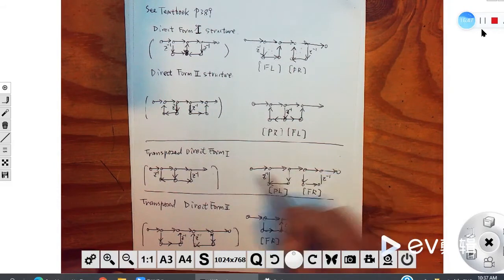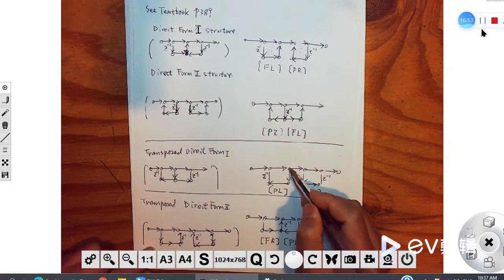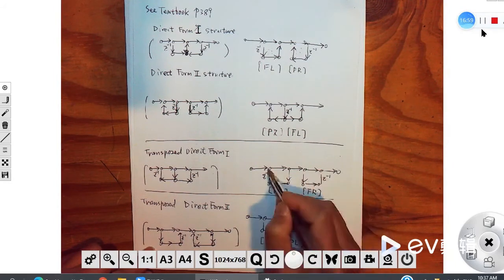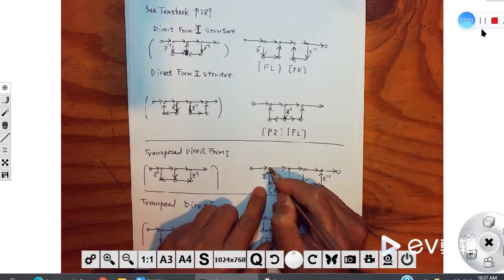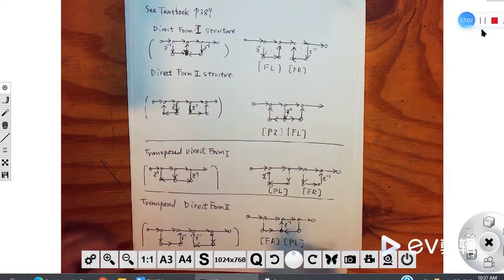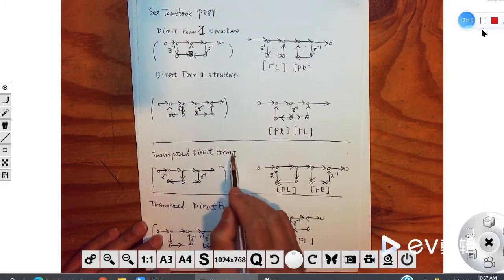Oh, this one might save something, right? Do you save something? No, nothing. This is no summation. This is just separate, right? Separate two paths. And summation is here. These two are summation. These two are in the middle. No summation. Just separate. Okay. So this is a transposed direct form 2.